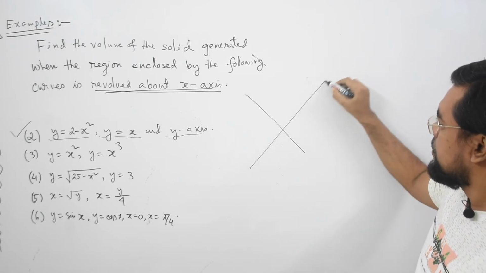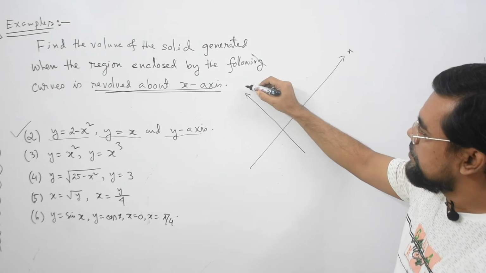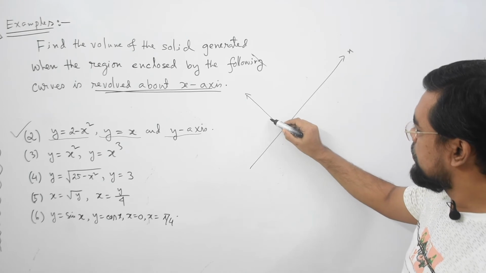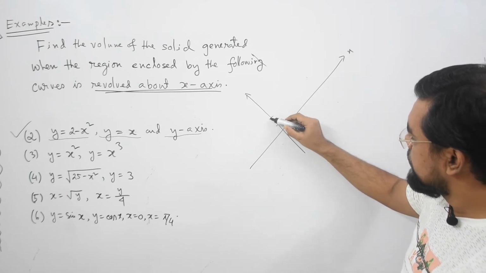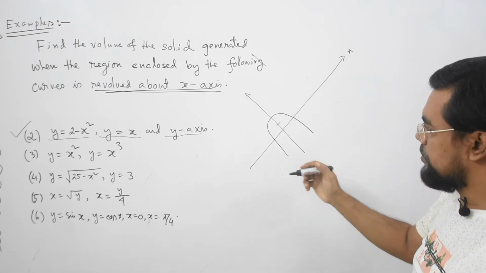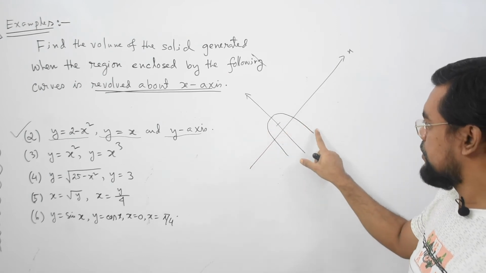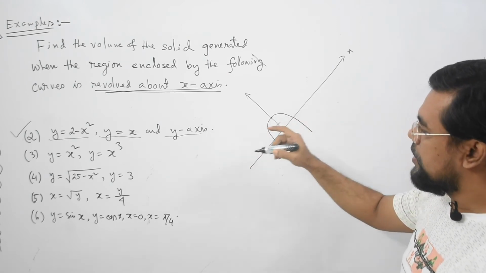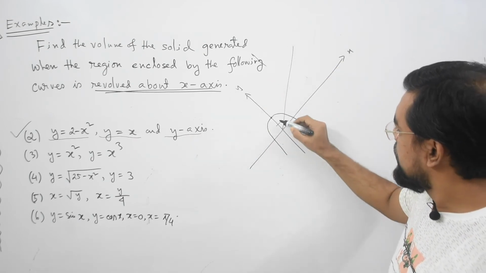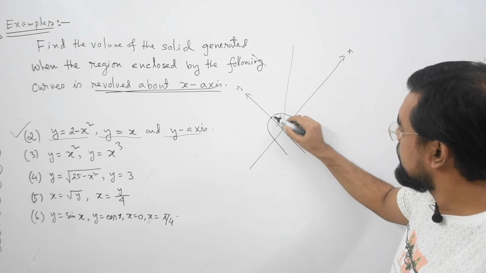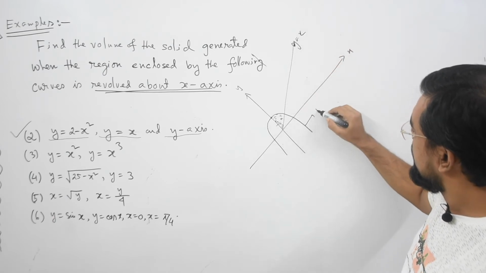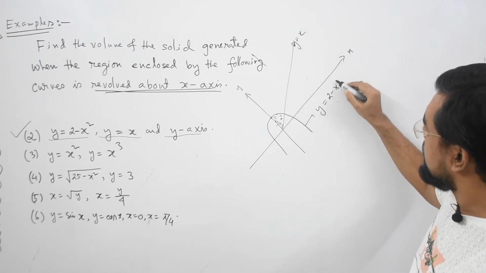The first one is y equal to minus x square plus 2, so this one will look like this. y equal to minus x square is a parabola which is open down, hence we need to add 2, and the other one is y equal to x, and the other one is the y axis. So this is the region enclosed between three curves.